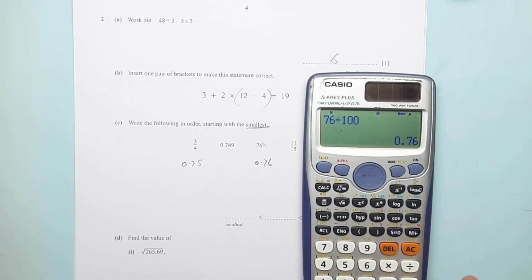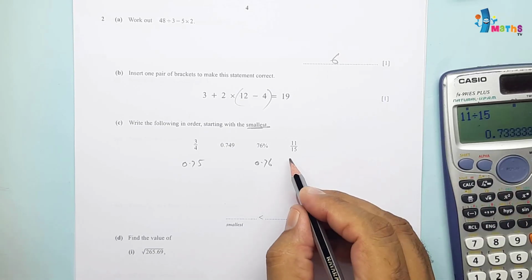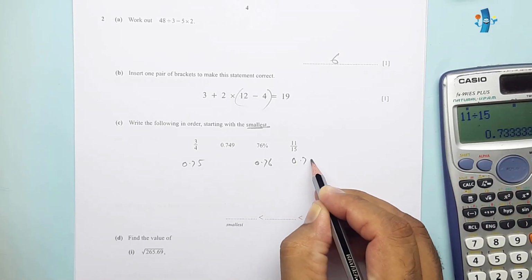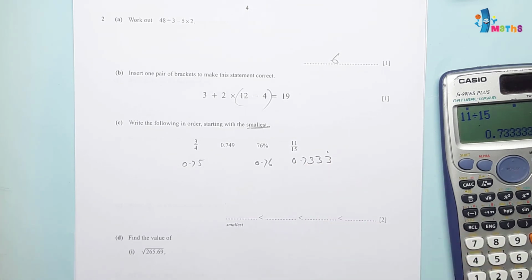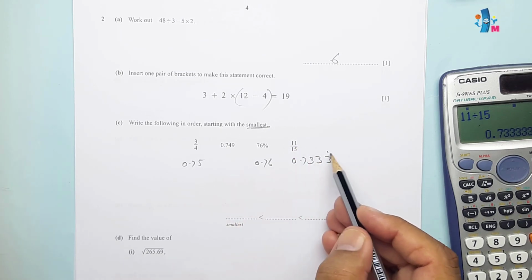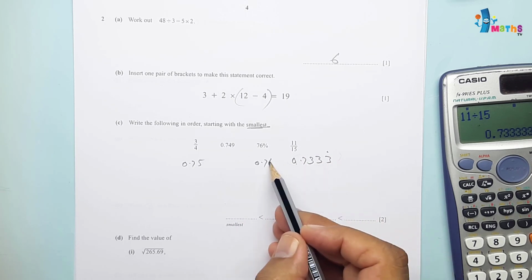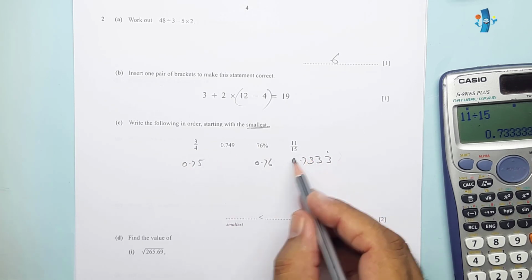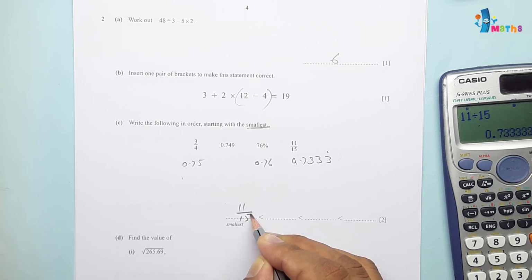and 11 divided by 15 will be equal to 0.73 recurring, so like that one. So if we check, this is the smallest one, there is no 3, so this is the smallest one. 11, we can write here 11 over 15.